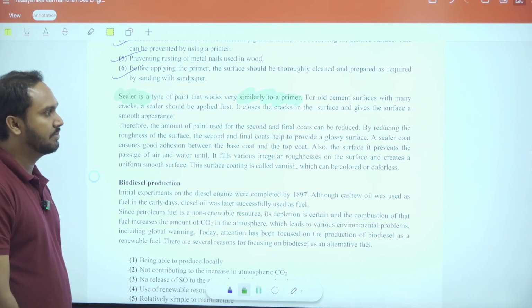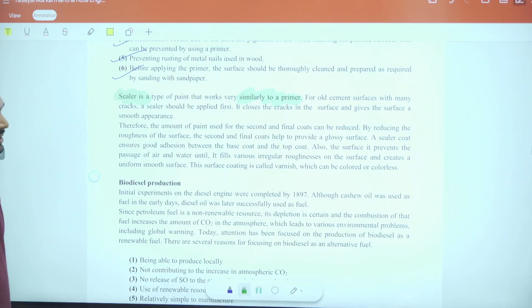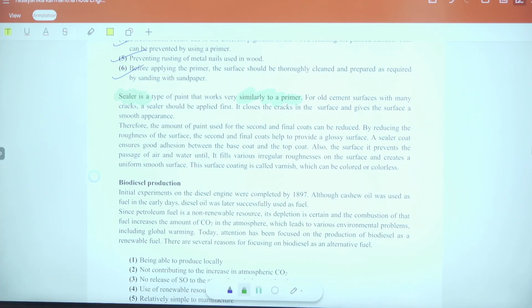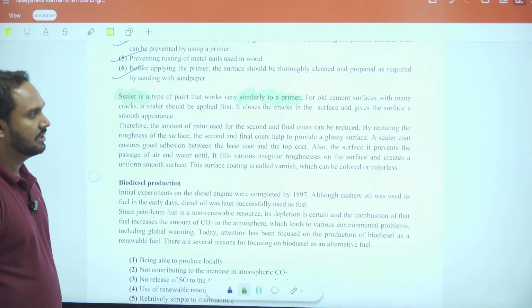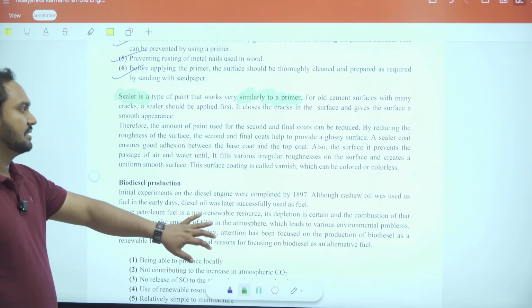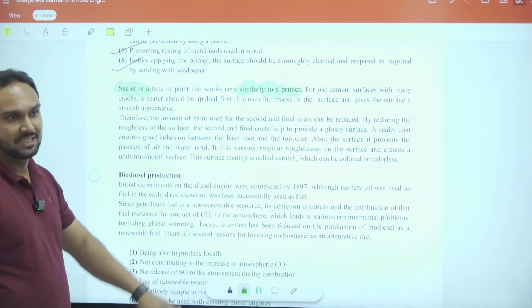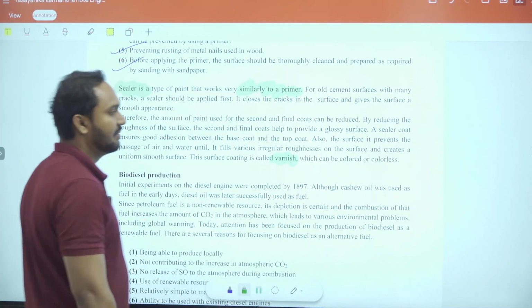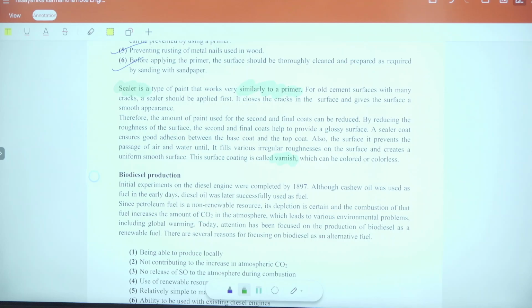Also the surface prevents the passage of air and water until it fills various irregular roughness on the surface and creates a uniform smooth surface. This surface coating is called varnish. So varnish is a primer, which can be colored or colorless, right?